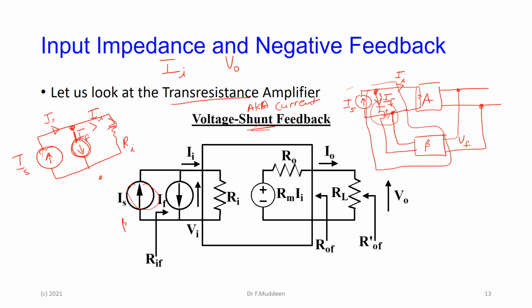If you're amplifying voltage, then the input is a voltage source. If you're amplifying current, then the input is a current source. Okay? Fair enough? Yeah. All right. So we're almost there in terms of answering the questions.